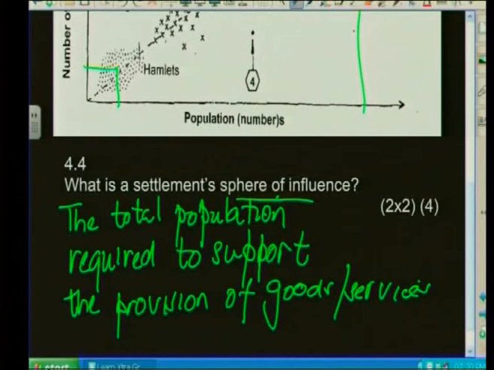For example, if we look at a population sphere of influence for the purchasing of a motor vehicle, a dealership or a car dealership would have a larger sphere of influence than your local shop around the corner, which has a smaller sphere of influence.